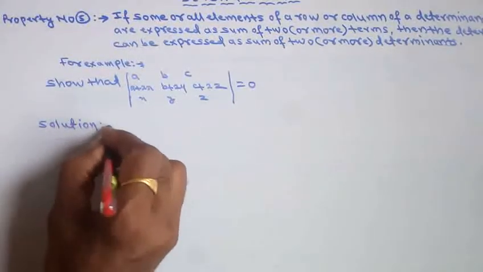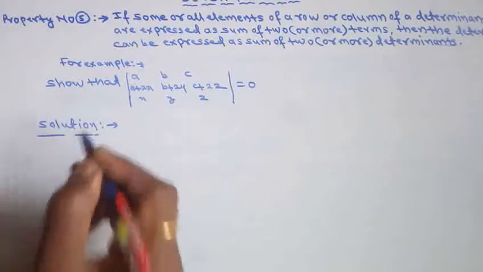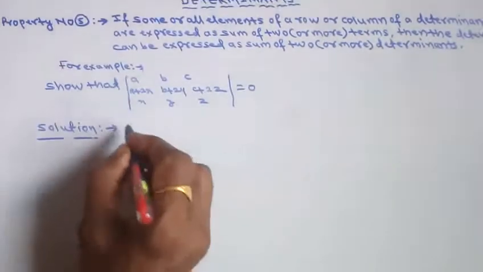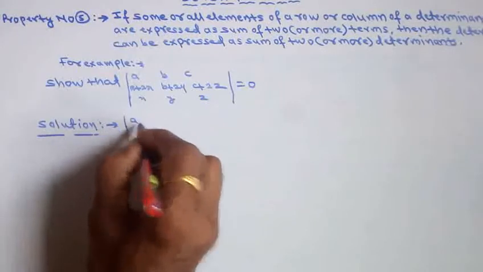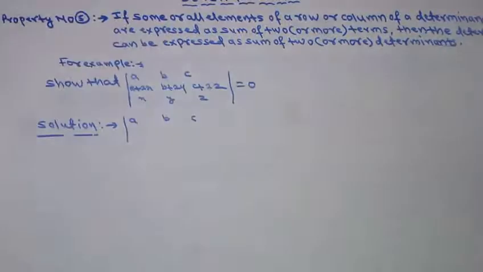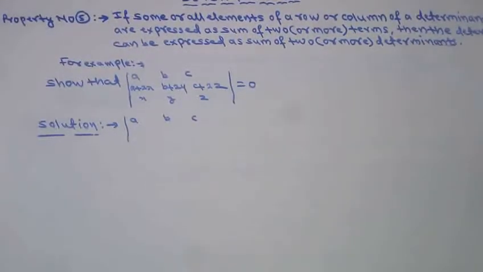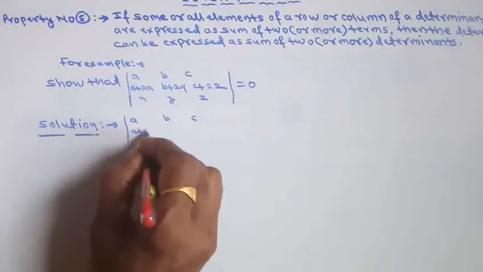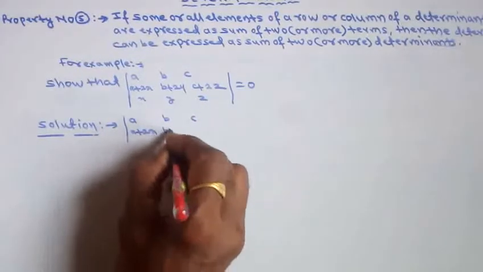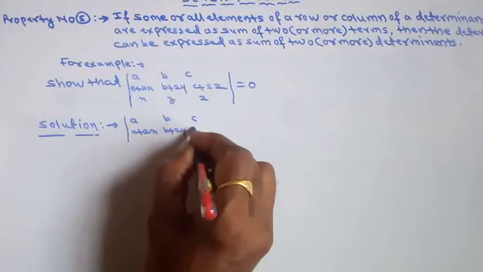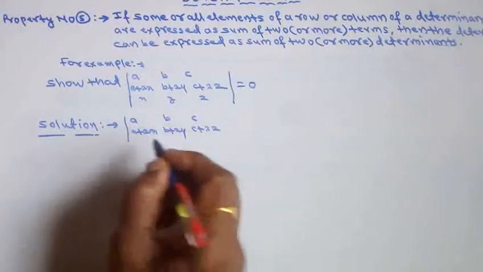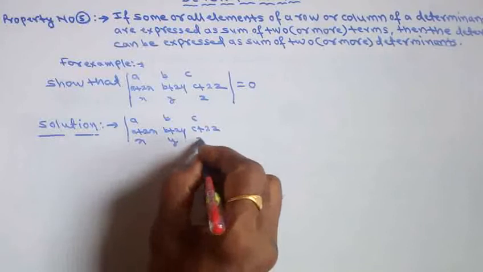Just write this determinant by using property number 5. Here A, B, C, then A plus 2x, B plus 2y, C plus 2z, x, y, z.